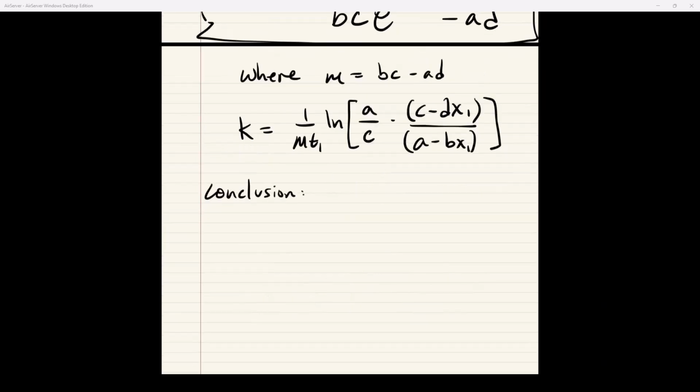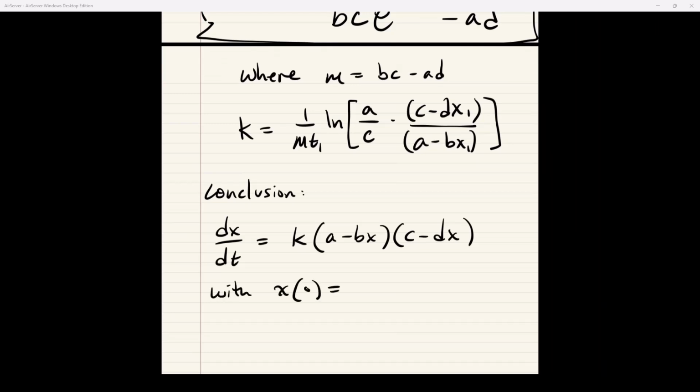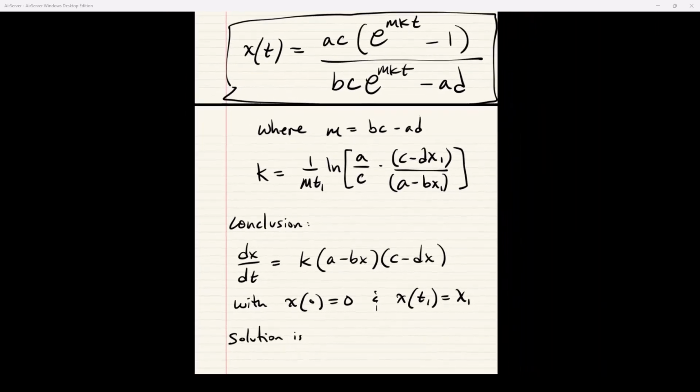Okay, so kind of we can wrap it up here. Conclusion is that if I have a differential equation with this form that comes from this law of mass action, where you have some A minus Bx and some C minus dx as given parameters, and let's say that you have the initial amount for x is 0, and you have x at some later time equal to some later value x1, the solution is, what's that expression up there at the top.